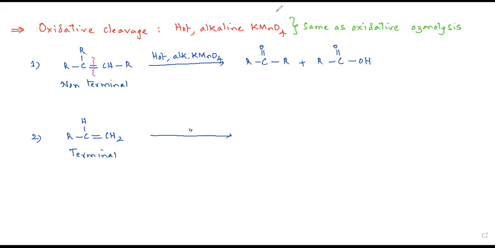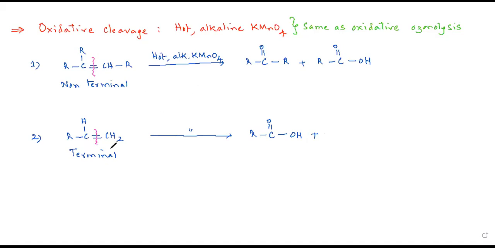Now in this case, again cut it here. See, from this area at the beginning we get aldehyde. Because it is hot, it undergoes further oxidation to form carboxylic acid.